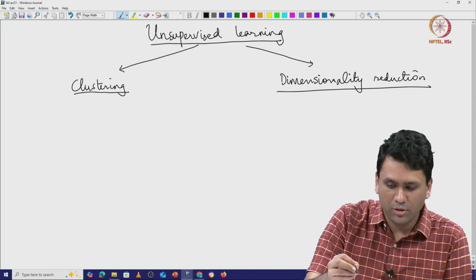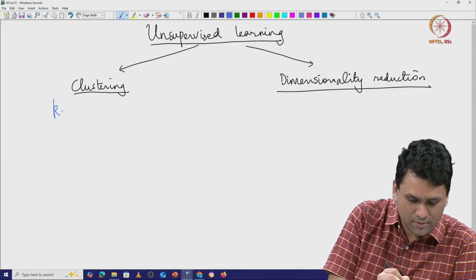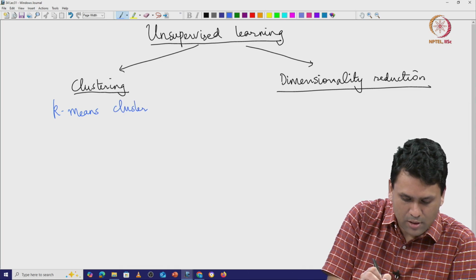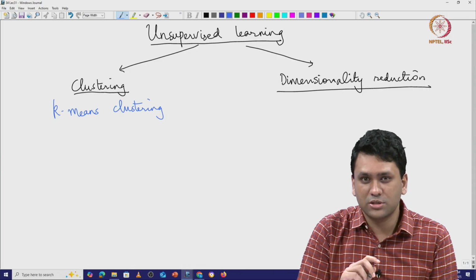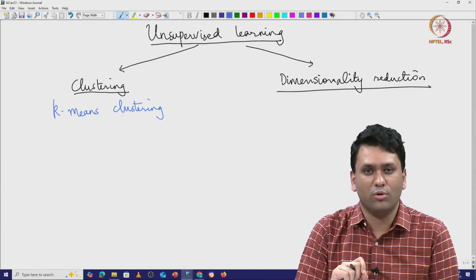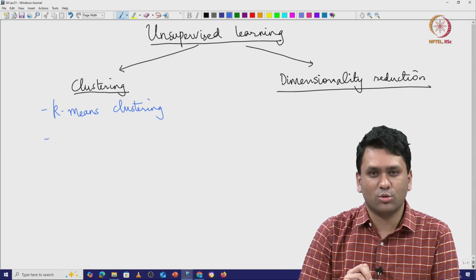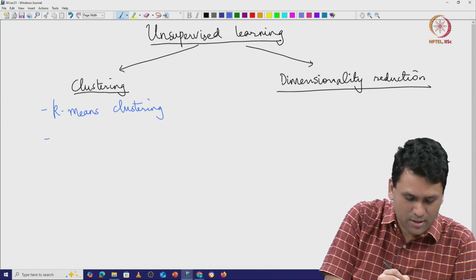So in clustering algorithms we looked at k-means clustering, wherein the clusters were decided based on which mean of each cluster every point was closest to. And then we discussed that k-means clustering is quite sensitive to outliers because the means can be greatly skewed by the presence of certain outliers.